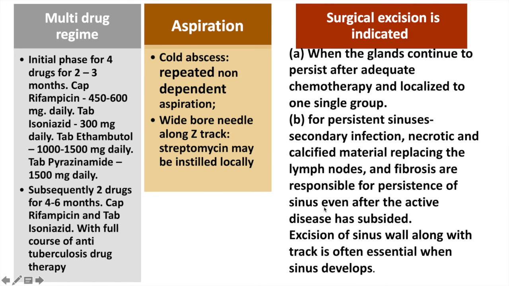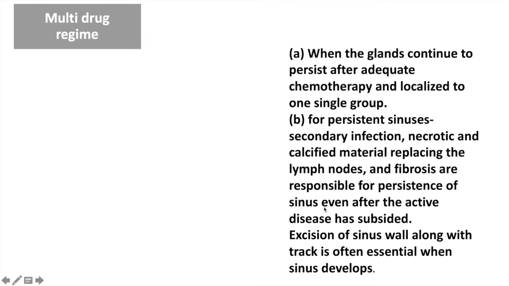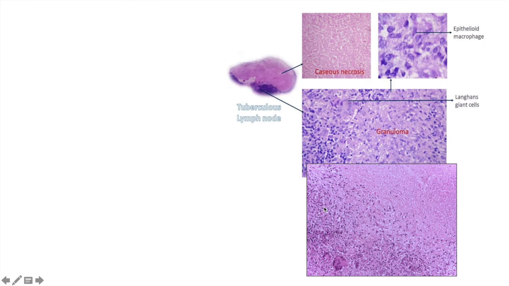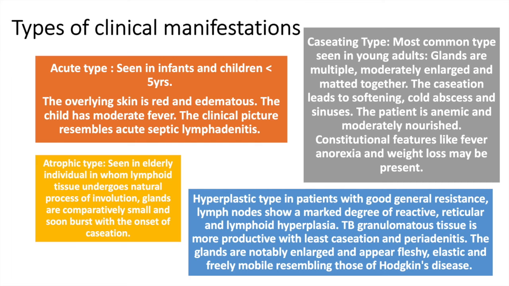So with this, let's quickly recap what we've studied so far. We started with the types of clinical manifestations, where we saw the acute, caseating, atrophic, and hypoplastic type.